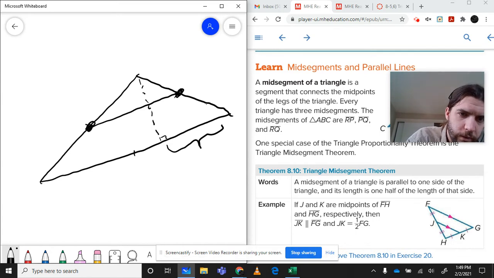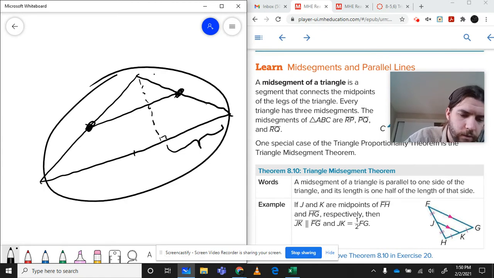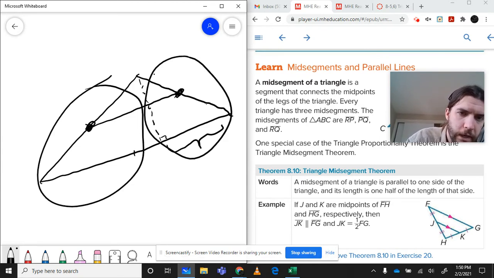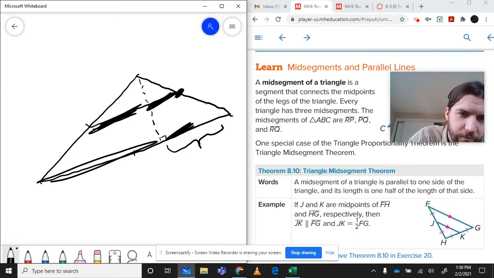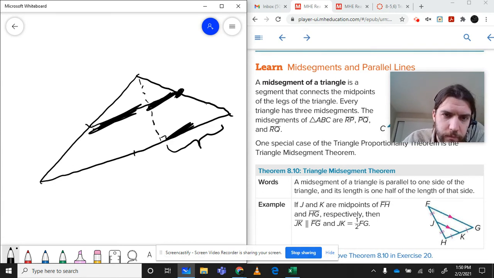Well, for this one, the same thing's true. So from this point to here, it's halfway in between in the x direction as well. So if we've cut this overall triangle into these two right triangles, then if we look at them separately, we can say that this little length here is half of this length, and this length here is half of that whole length.